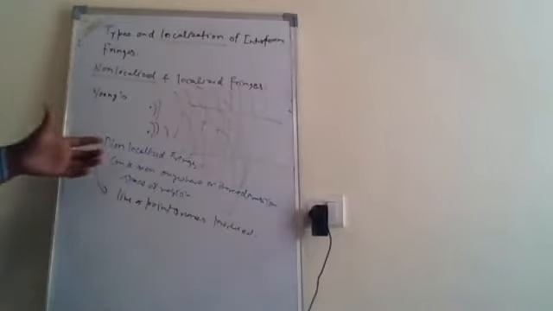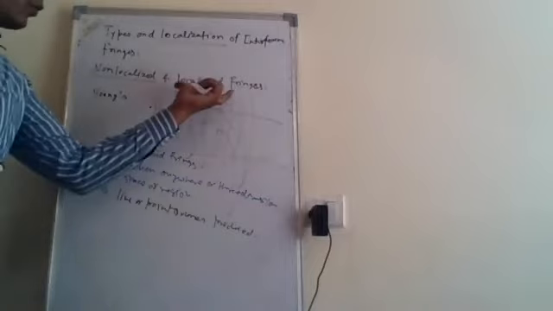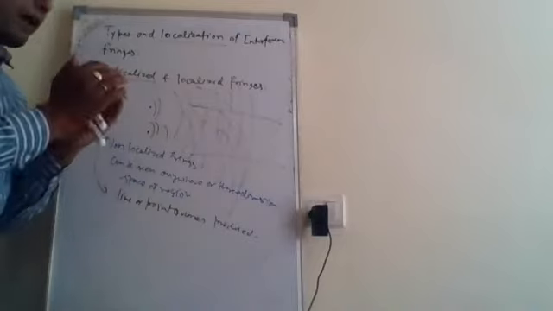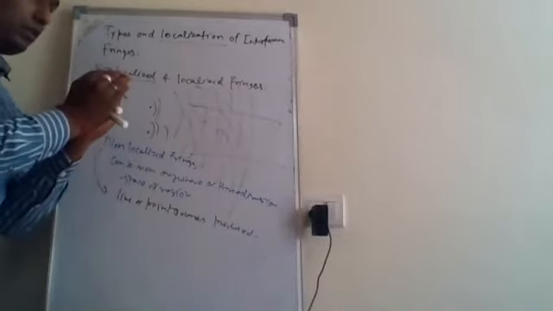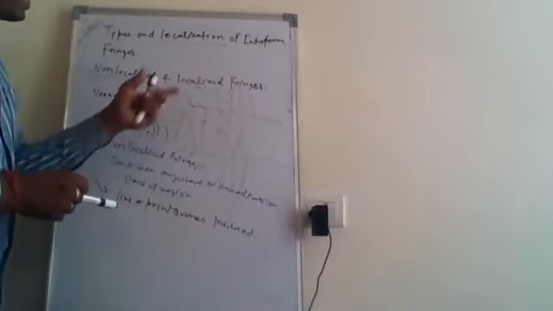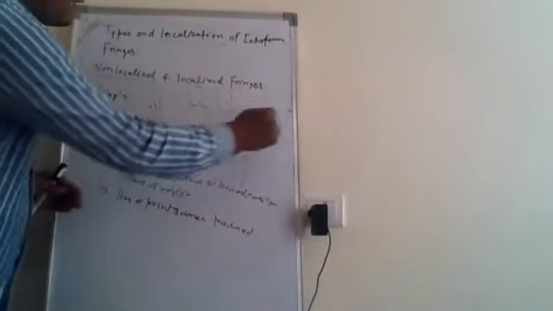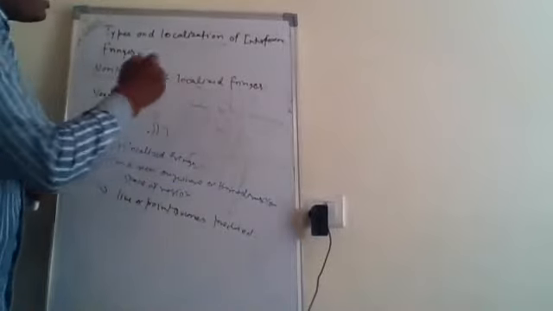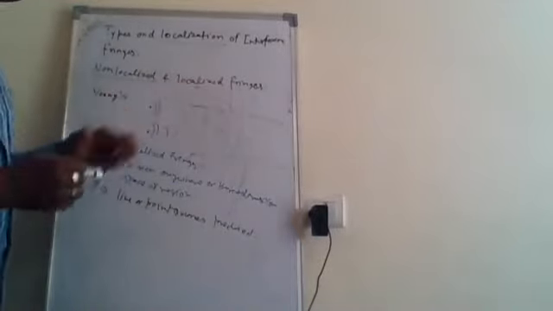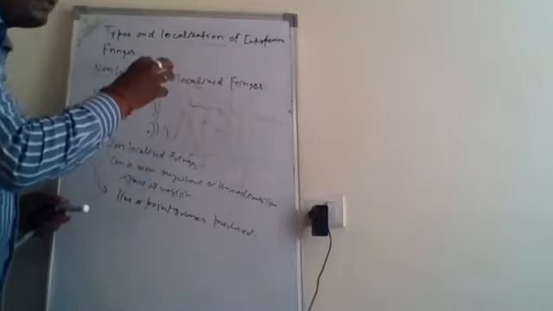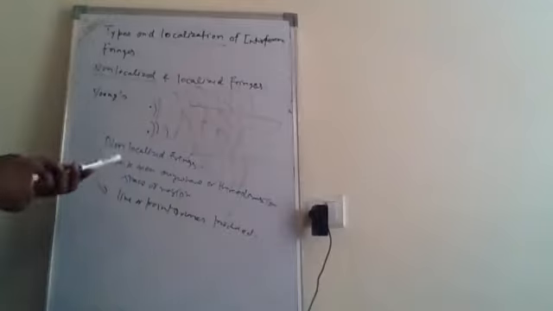In contrast to the non-localized fringes, we are now going to discuss the localized fringes. Localized means the fringes are found at a particular position. It means that we cannot see the localized fringes all over the space. From the name itself, we can see that these fringes are localized, meaning they are found at a particular position in space.